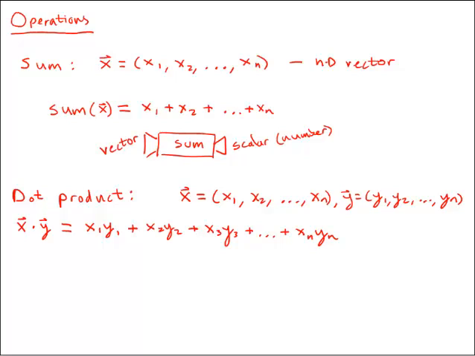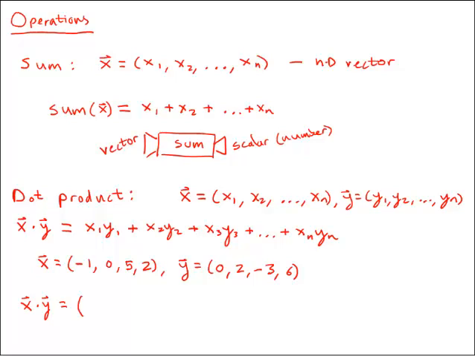So let's do an example. Let's say x, we'll just use 4D vectors for now. Let's say x is -1, 0, 5, and 2, and y is equal to 0, 2, -3, 6. What does x dot y equal? Well, how do we do it?